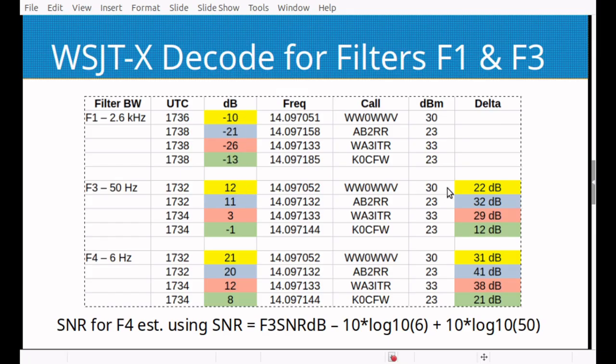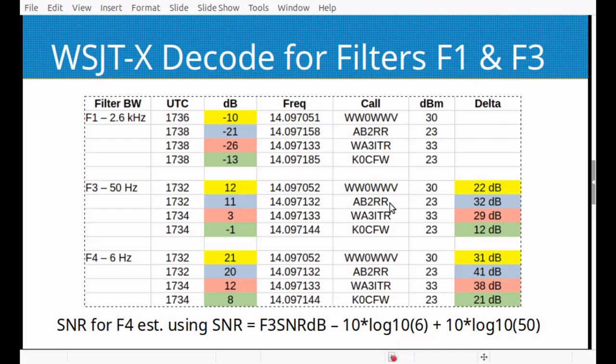So that's a swing of 22 dB. Now, did the operator increase their power by 22 dB? No, they did not. It's the same power. It's 30 dBm. And so did the noise level drop by 22 dB? No, the ambient noise certainly did not drop by that amount.